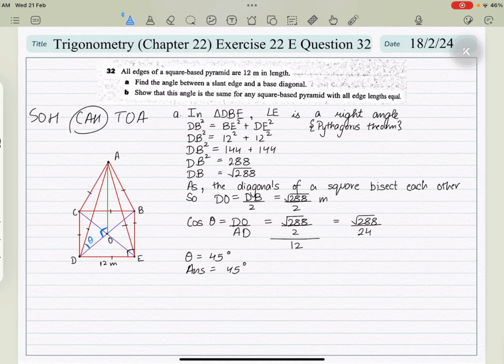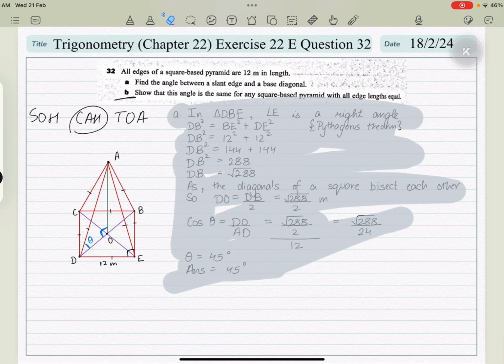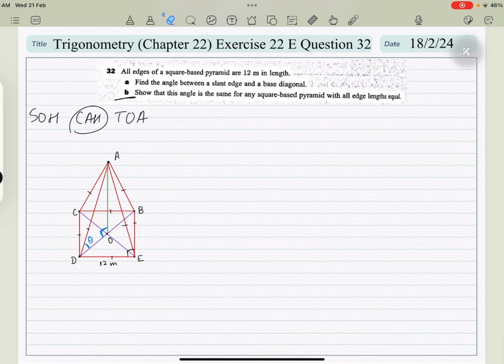Now it's not really done over here, you're not done here. You have to find now the B question. I'm going to rub this for making space for the B question. Now for the B1, we'll start by saying show. It says to show that this angle that we just found out, that theta is equal to 45 degrees, is the same for any square-based pyramid with all edge lengths equal.